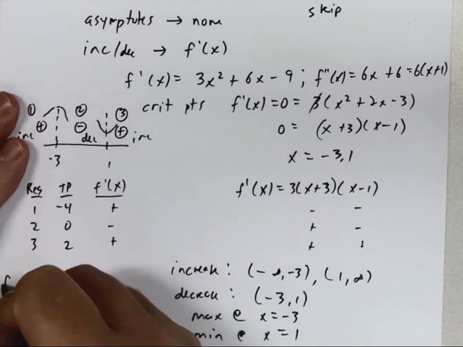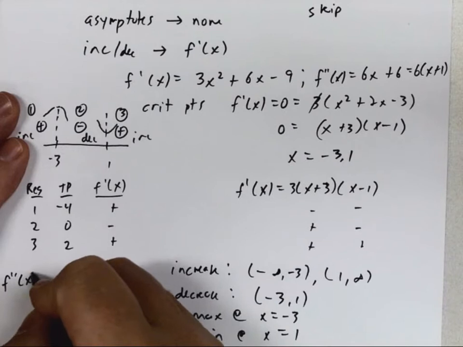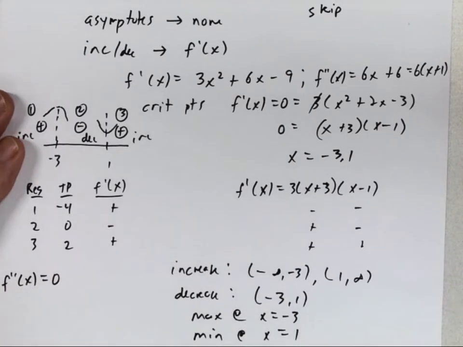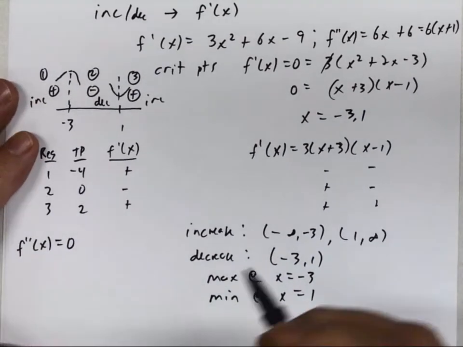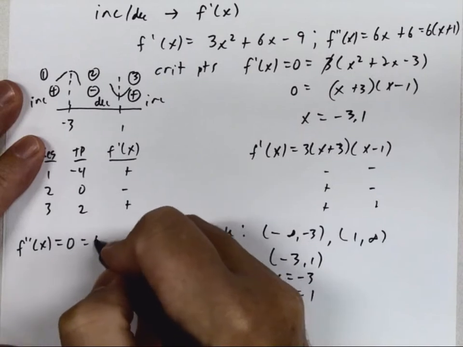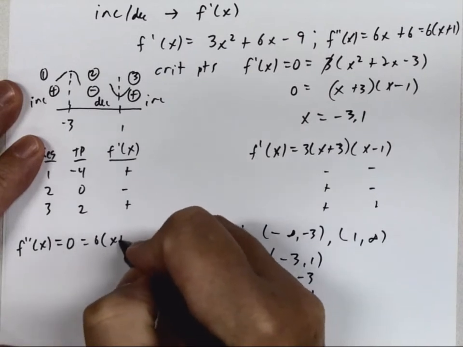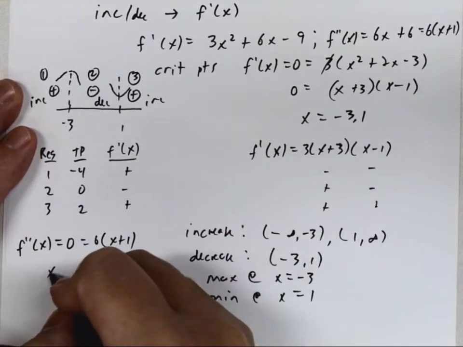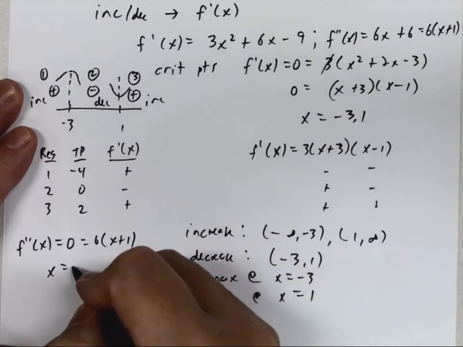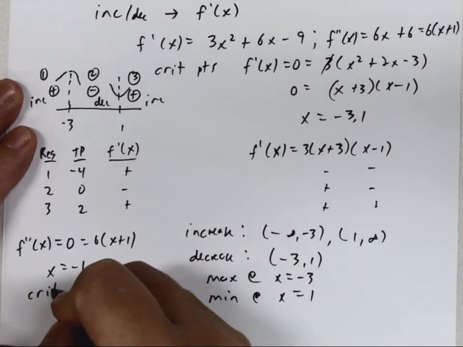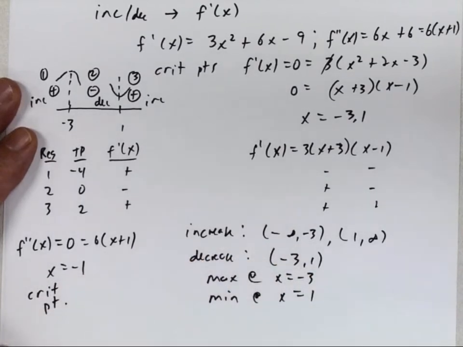So I'm going to set the second derivative equal to 0. Solution is -1, which is the second derivative's critical point.